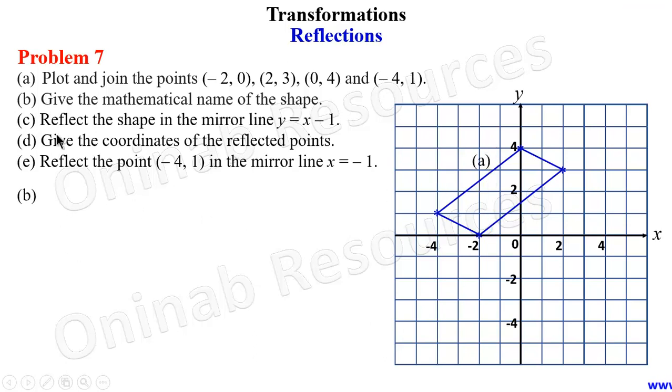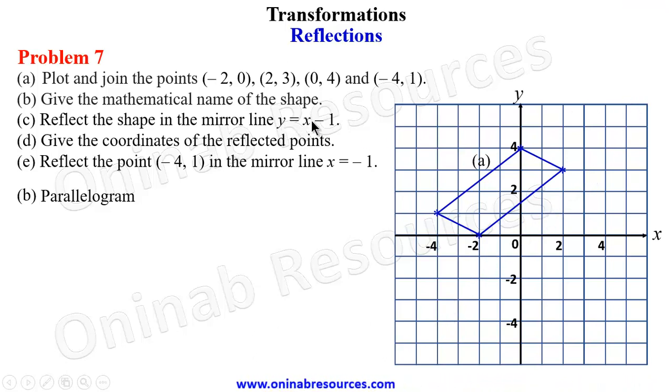For B, we have to give the mathematical name of the shape. This is a parallelogram. So the shape is parallelogram. Then C, reflect the shape in the mirror line y equal to x minus 1. Remember, y equal to x is passing through the origin in this direction.